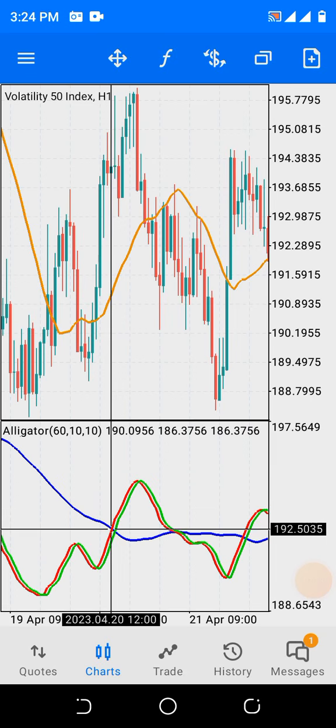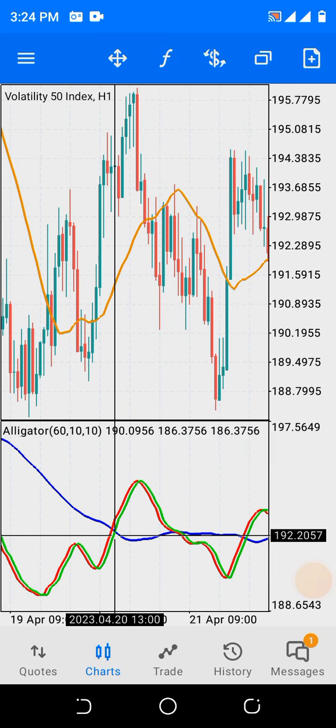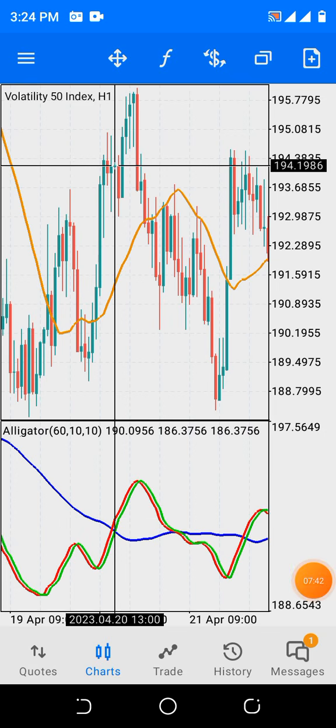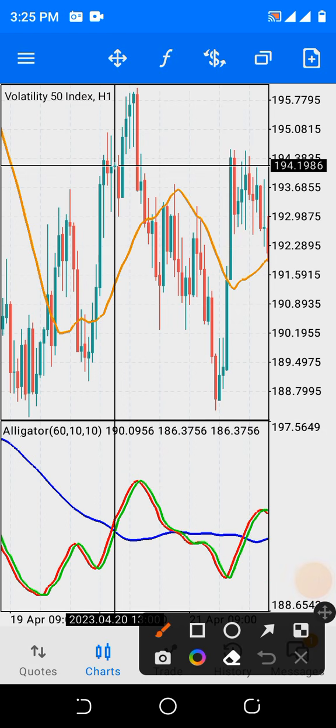Are you seeing where the correction occurs from the side of the alligator indicator? Now, this is where the candlestick is. You see the distance between the moving average and the candlestick. Are you seeing it?